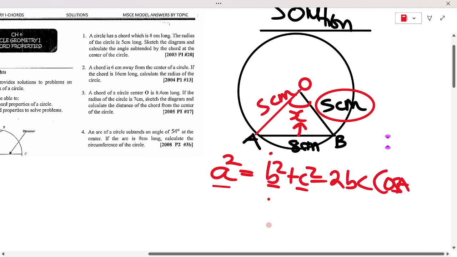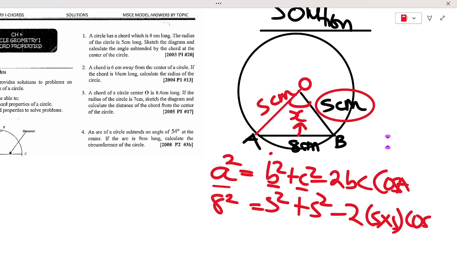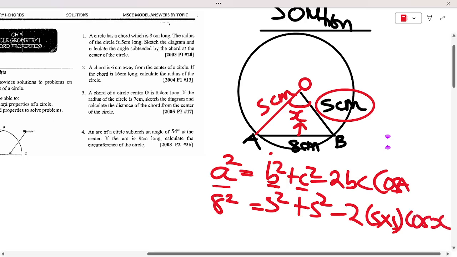So we have 8 squared equals 5 squared plus 5 squared minus 2 times 5 times 5 cos x. I'll leave it as it is so I can proceed to the other areas.